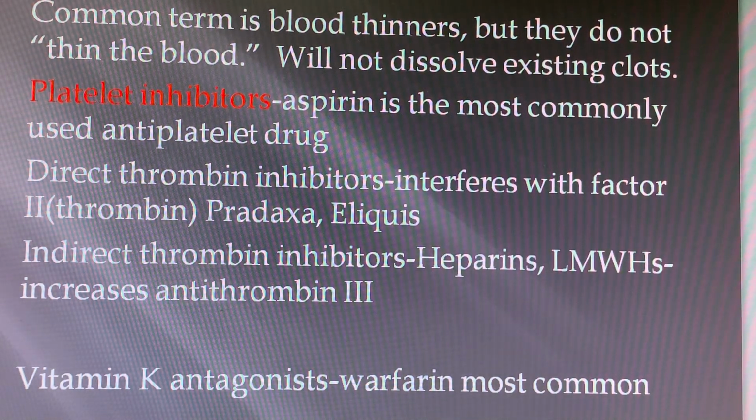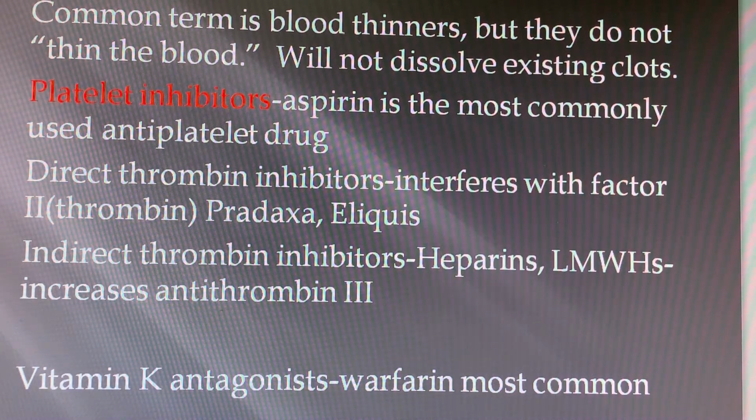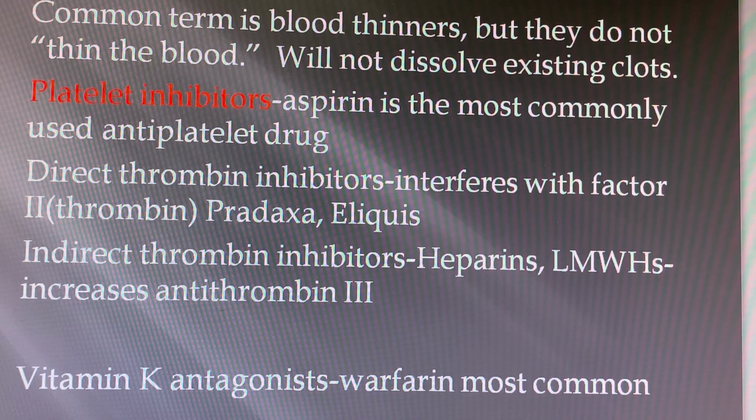And then we have drugs that you're already probably familiar with. These are indirect thrombin inhibitors. They don't directly affect thrombin itself, but they increase the action of a factor called antithrombin 3, which indirectly leads to thrombin no longer being as quickly available in the clotting cascade.